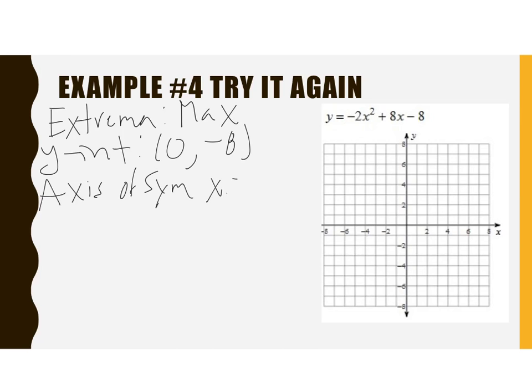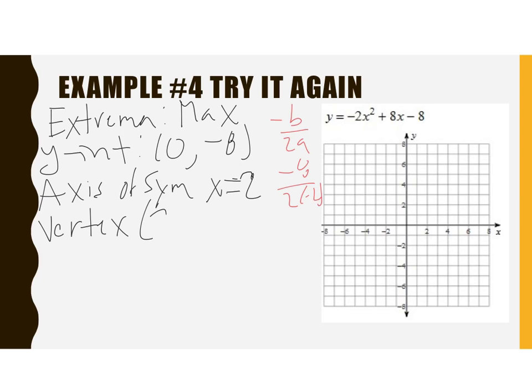we're going to be using this equation all year long, get used to it. Negative B over 2A, so it's -8 over 2 times -2. That's -8 divided by -4, giving me an axis of symmetry at a positive 2. Vertex, halfway there.